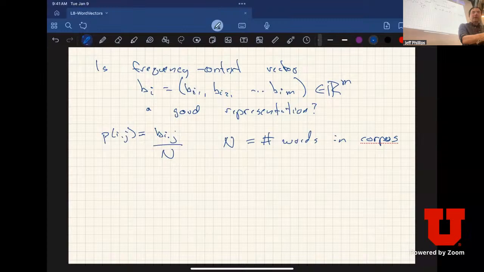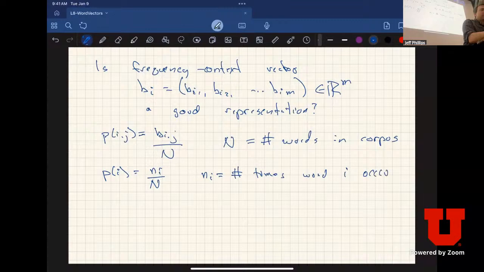And then I want to look at the log likelihood, and they often convert it into something that looks like, so I'm going to look at the log of, I want to do one other thing first. I want to do P_i is going to be N_i divided by N, where N_i is going to be the number of times the word i occurs.